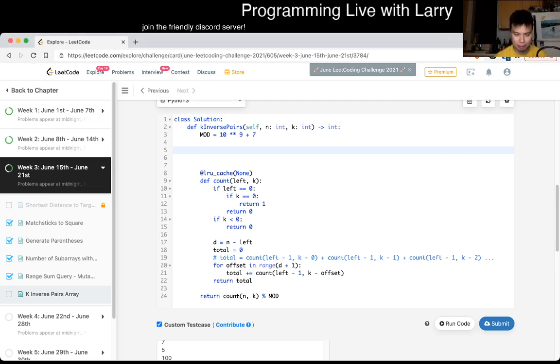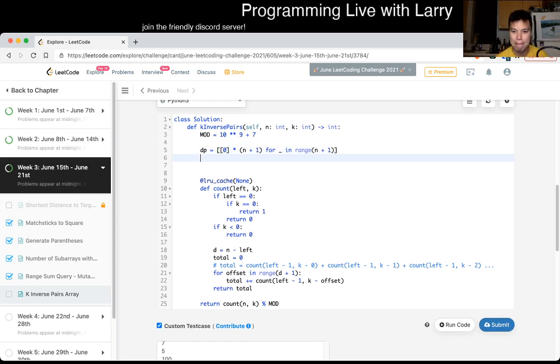So let's just have a couple of arrays for a second. Let's just go dp because I'm lazy. It's equal to 0 times, oh no, this may be unnecessary for the problem, but it's fine, right?